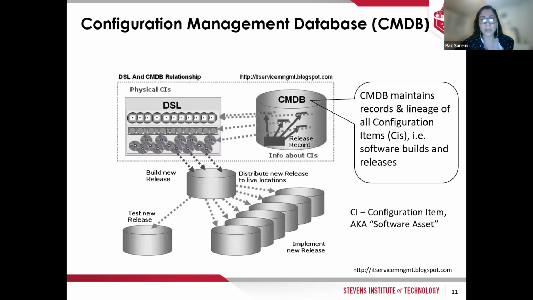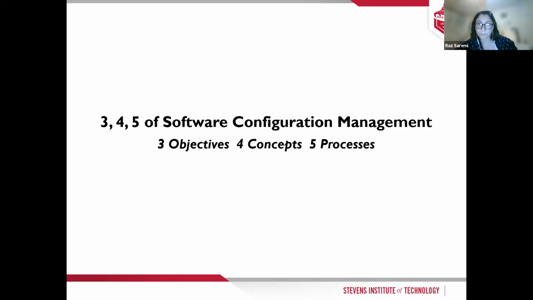So we try to centralize all the information. That's why we have a database there. Every time we create a change, we save that there as well. We always have a copy there, so it maintains the records and lineage of all the configurations that we changed.